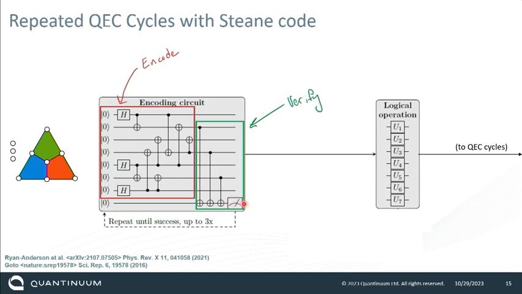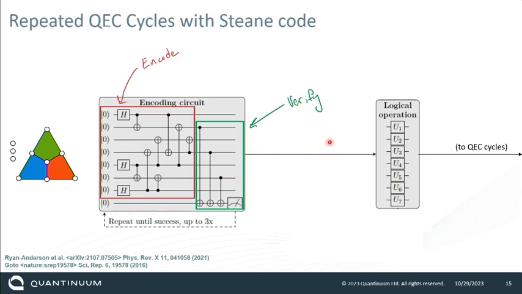We just measure this out, and if it was a 1, we just start over, and if it was a 0, we can move on. So we did this as a repeat until success type circuit for up to 3 times, because that was the sweet spot between how long this circuit would take to execute and what fidelity we got out by adding this. So this circuit itself encodes the logical 0 state.